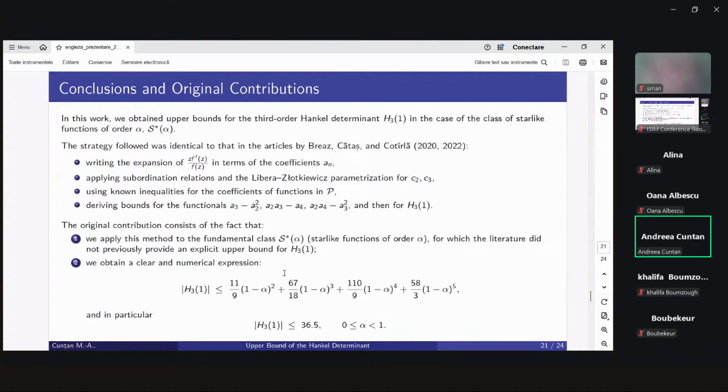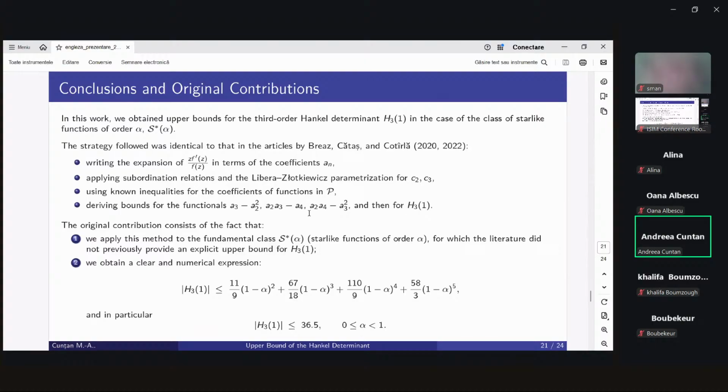A conclusion and original contribution. In this work, we obtain upper bounds for the third order Hankel determinants, H3(1), in the classes of star-like functions of order alpha.